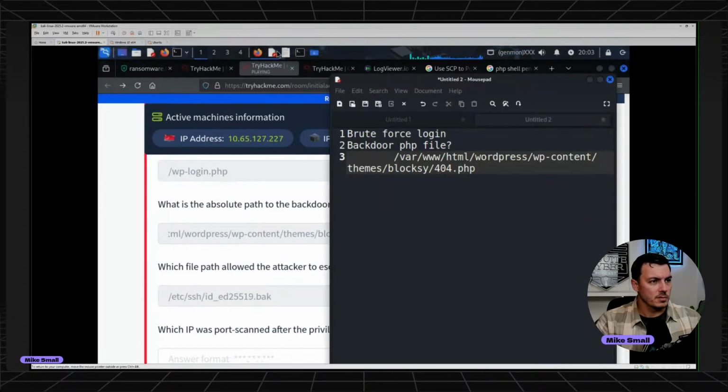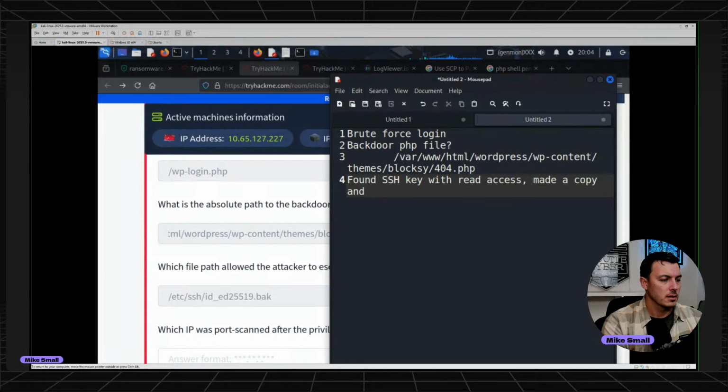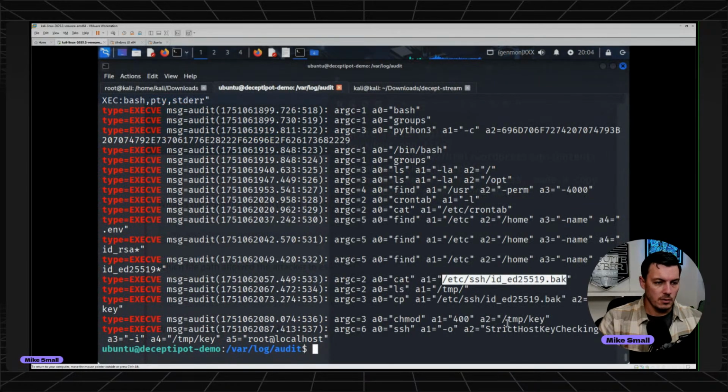And we'll just update our notes here. Found SSH key with read access. Made a copy and elevated permissions with, and then that was right here.